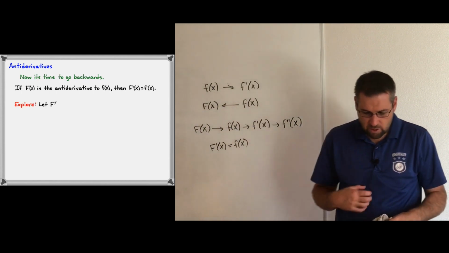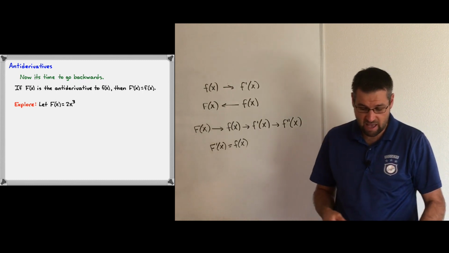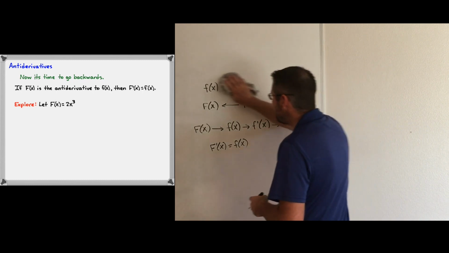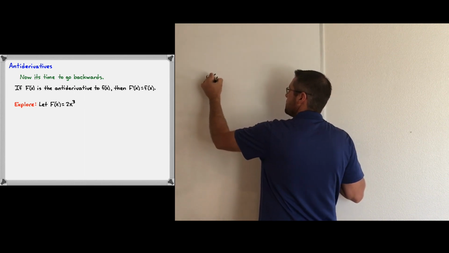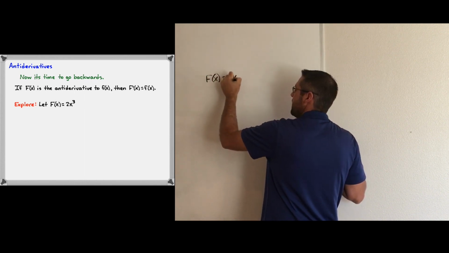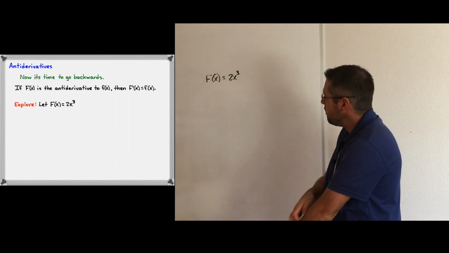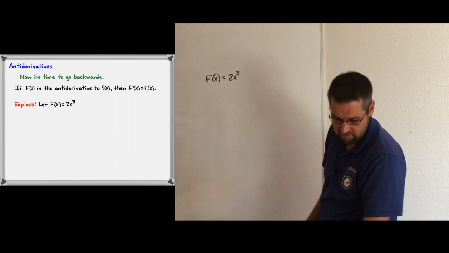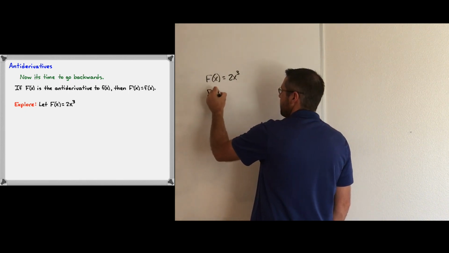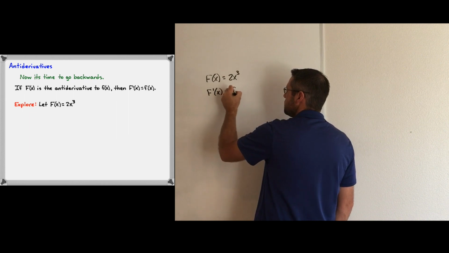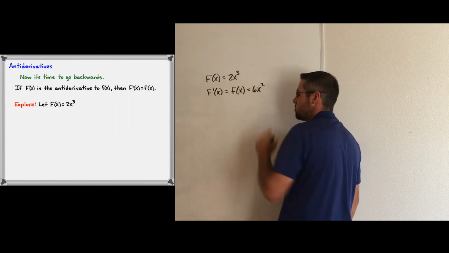Now, let's go ahead and explore the idea of this capital F of x here. So if capital F of x is 2x to the third, if I'm going to go ahead and take the derivative of that, we would say that capital F prime of x, which is equal to f of x, is equal to 6x squared.